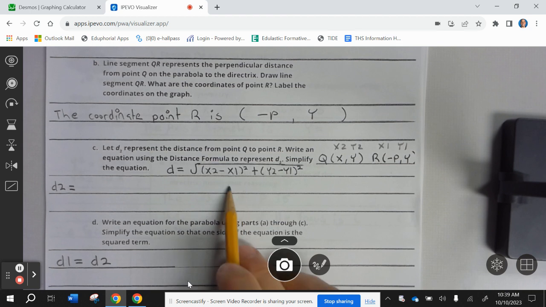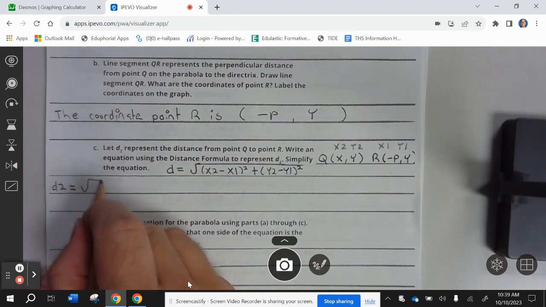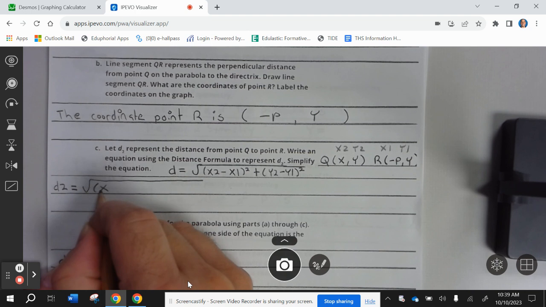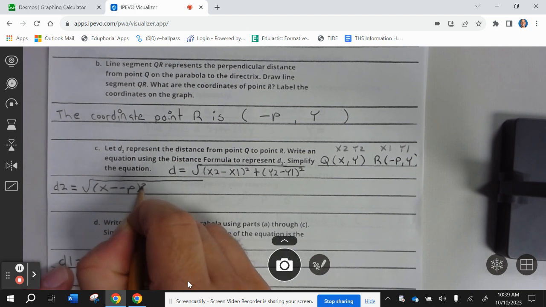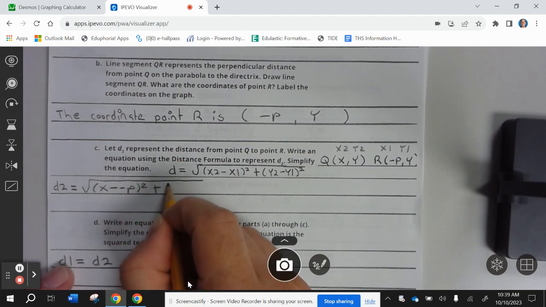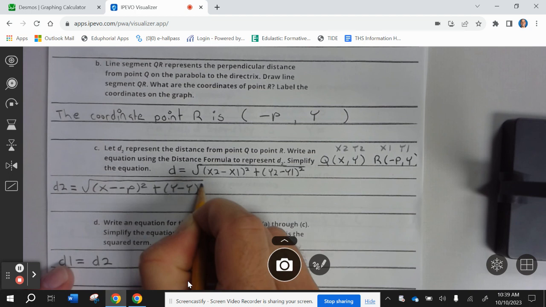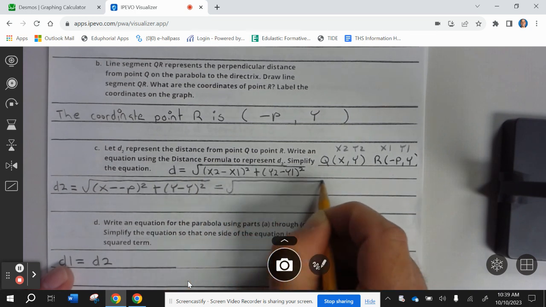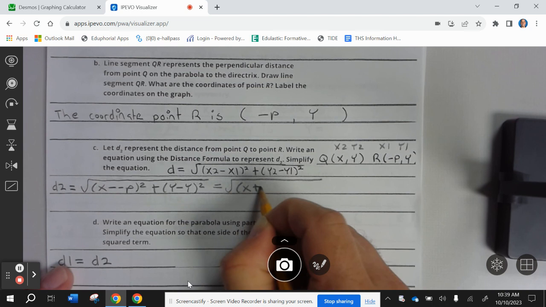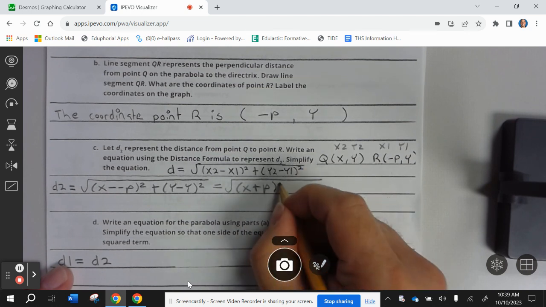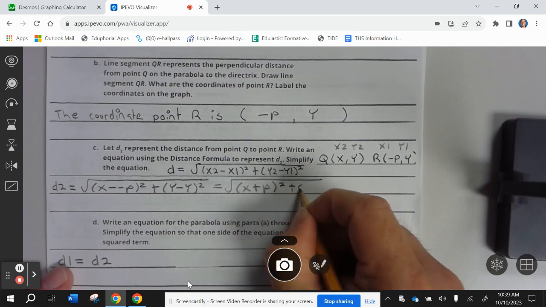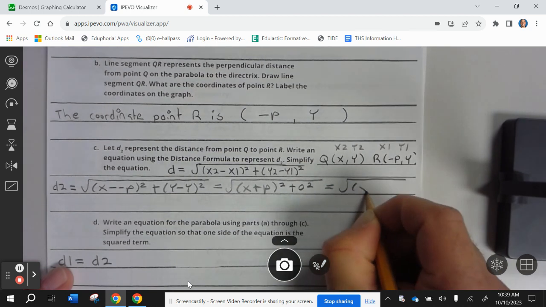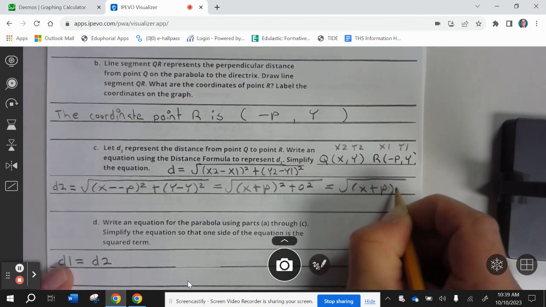We plug these into the distance formula. So d2 equals the square root of (x minus negative p) squared plus (y minus y) squared, which simplifies to the square root of (x plus p) squared plus 0 squared, which equals the square root of (x plus p) squared.